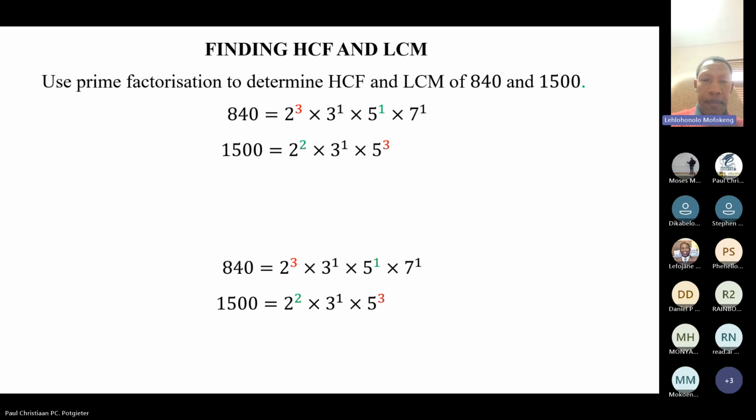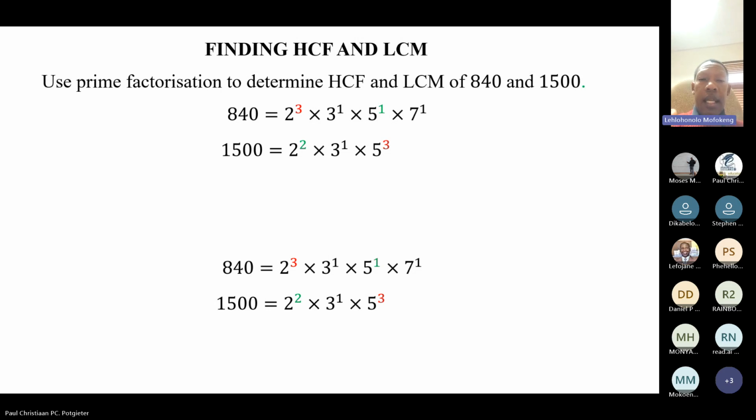The reason why we have to represent these numbers in the form of exponents is that when we determine the highest common factor, we have to check the bases that are common, only common bases.